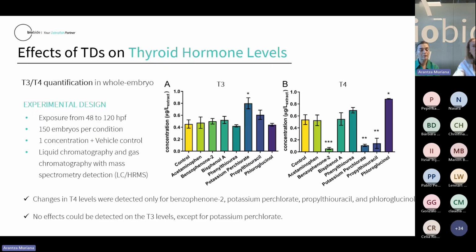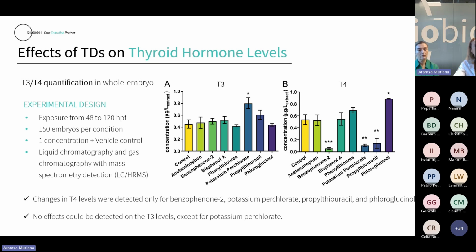And then we wanted to add more data to these 2 assays by quantifying the T3 and T4 hormone levels by a newly developed method of our group, using liquid chromatography and gas chromatography with mass spectrometry detection. In this case, we expose the embryos at the same timeline, but we expose a bigger amount of embryos, 150 embryos per condition.